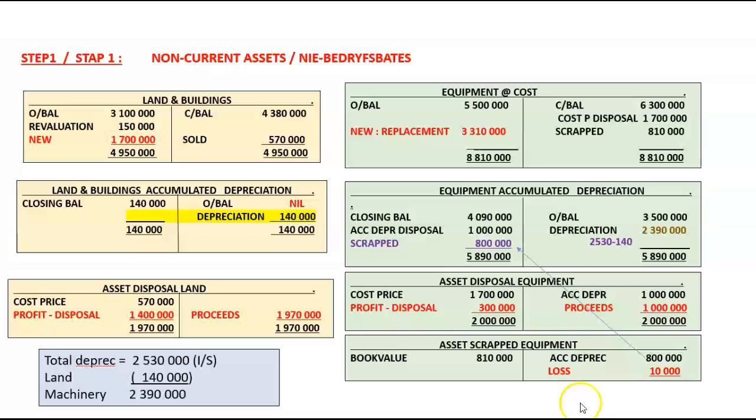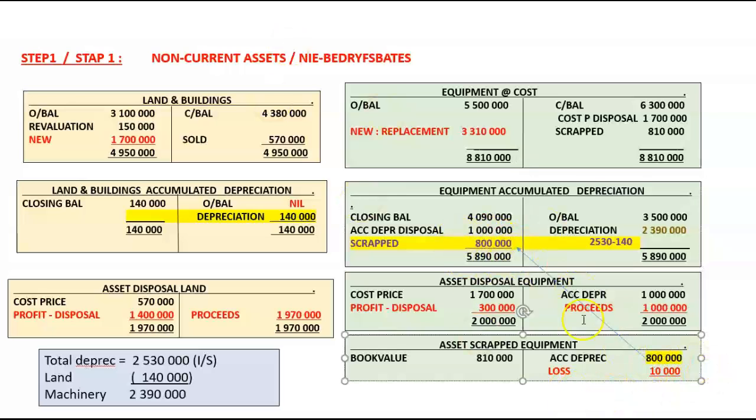So you cannot just assume that the balancing figure must equal the accumulated depreciation figure. You actually have to go and finish off the accumulated depreciation and see whether that account is going to be in balance in order to arrive at that asset scrap account balance. And then that asset scrap is going to be dropped down into this account here.